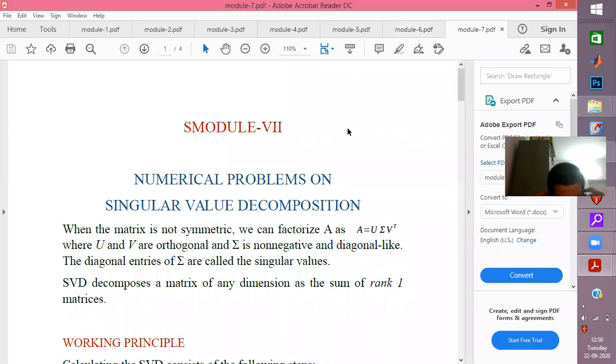Welcome to this session where we talk about some numerical problems on SVD. We have already seen four factorization techniques before SVD, namely LU, Cholesky, spectral decomposition, QR decomposition, and then finally SVD. There's a bigger purpose for doing SVD.